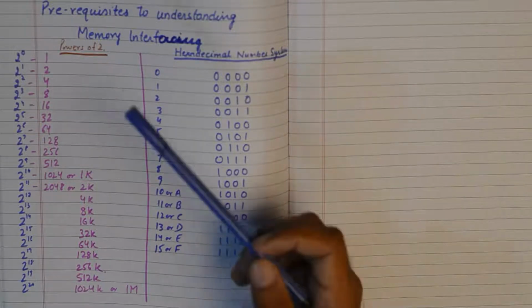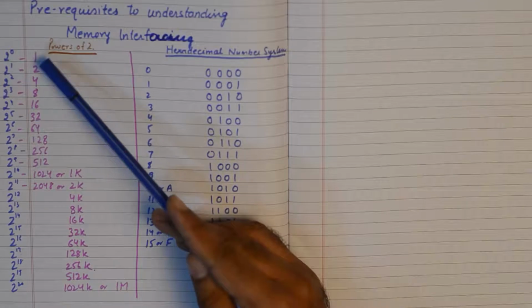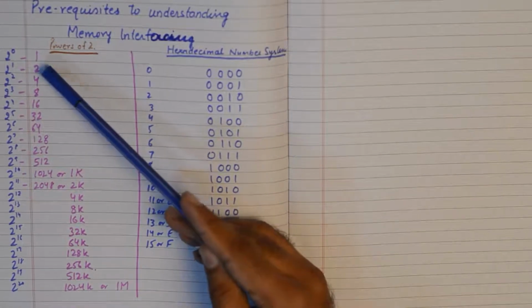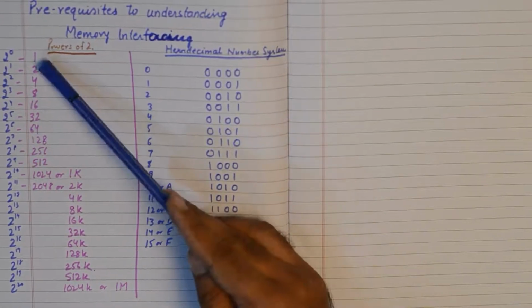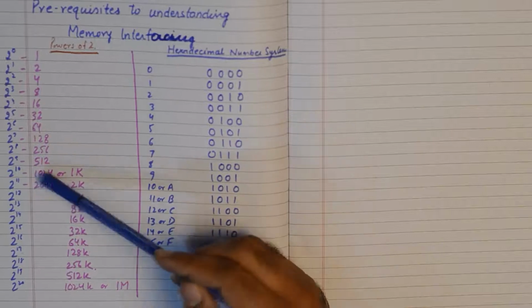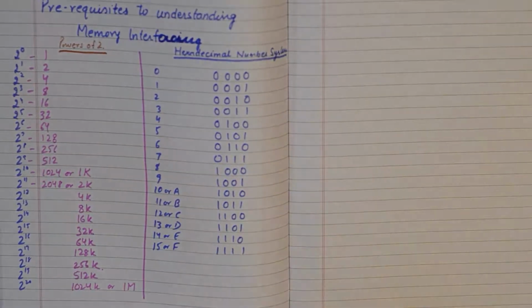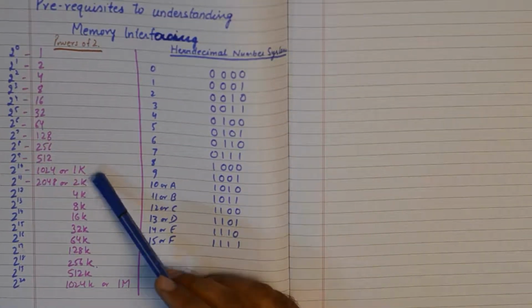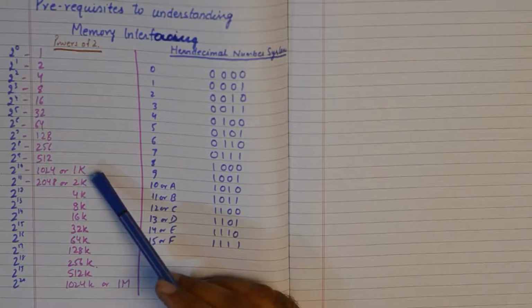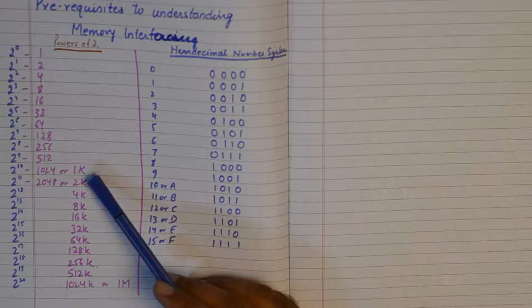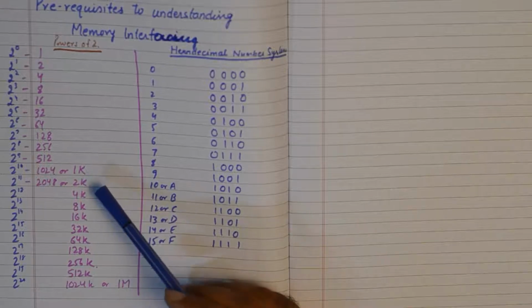Now please understand, we should be familiar and conversant with powers of 2, and 2 raised to power 10 is known as 1k. So in other words, in digital language, 1k is a representative of 1024 in exact decimal terms.